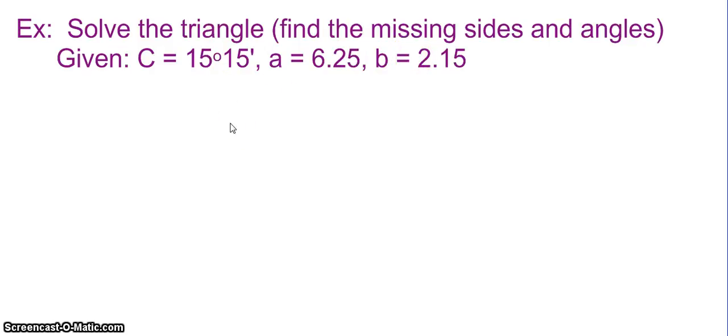Once you find side C, now you need to find angle A and angle B. If you choose to switch to the law of sines, you will have to find the remaining smallest angle. Or you could just use law of cosines again. Pause the video, find the missing pieces, unpause when you're ready to check.